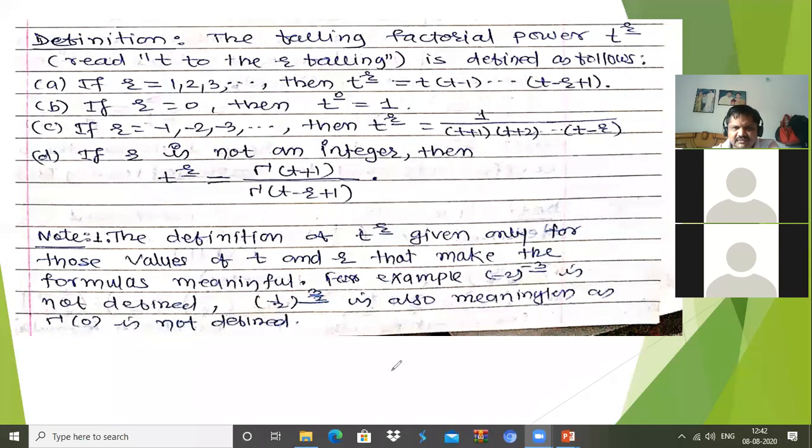In this, t to the power n means what we are taking here, t into t into t into t and so on. How many times? n times you are taking, right? That we know.